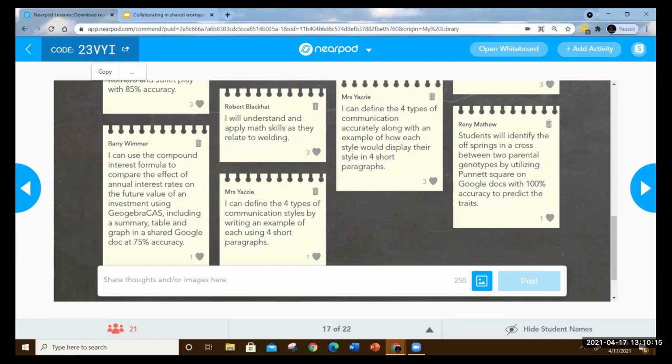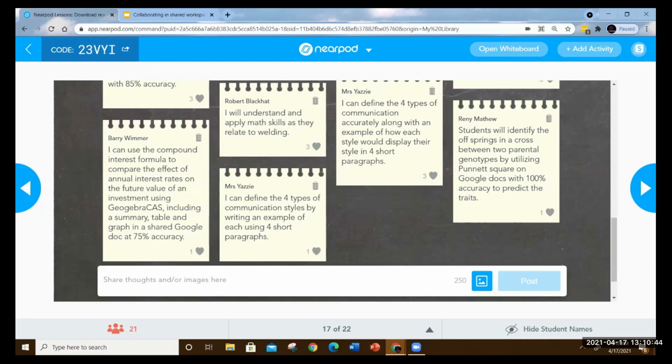Okay, so students will identify the genotype of 2 parental students. So really what they have to do, the skill they're learning, is how to identify a genotype, right? Right, so that they can determine what the offspring would look like. So I think you need to reorder it. Does that make sense? Yes. Okay. Of course, yeah.